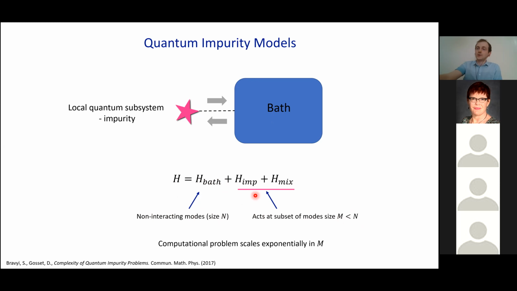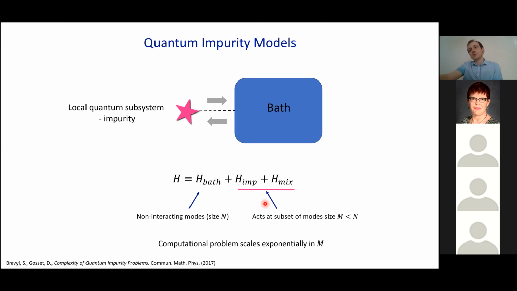So the quantum impurity models are special because they are in some sense in between non-interacting systems, which are easy to solve, and fully interacting systems, which are extremely hard to solve and maybe impossible to solve. For that reason, there are some approximations which can be used to tackle not so large problems.